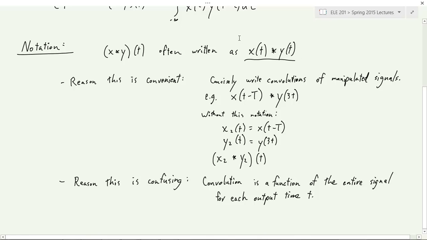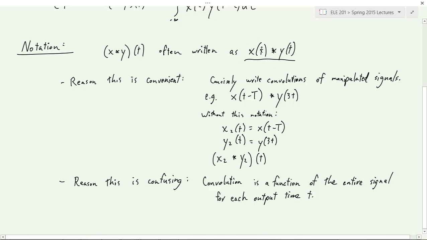Also, if you try to say, what if I shift the inputs, so I do a t minus cap T for both of these, and then I take a convolution, that type of thing is going to be confusing as well. Because, again, this notation is incorrect, but it's convenient. So don't try to say, I'm going to do a time shift for the convolution, which would mean I replace every little t with t minus cap T in this expression.